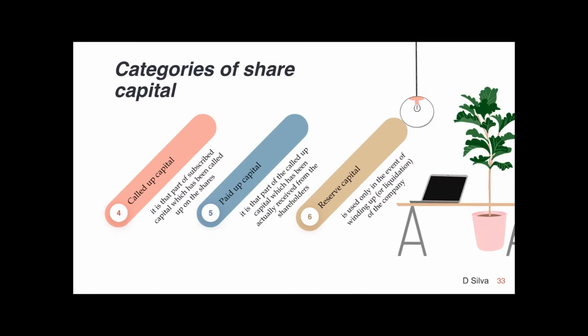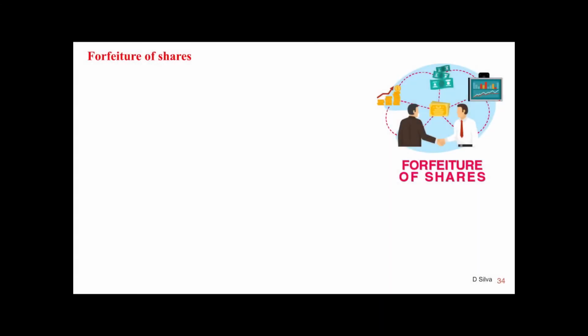That means the money has already been received from the shareholders in one of the installments. It can be in the form of allotment or in the form of calls. Reserve capital, we will be looking into what exactly it is in this particular video.